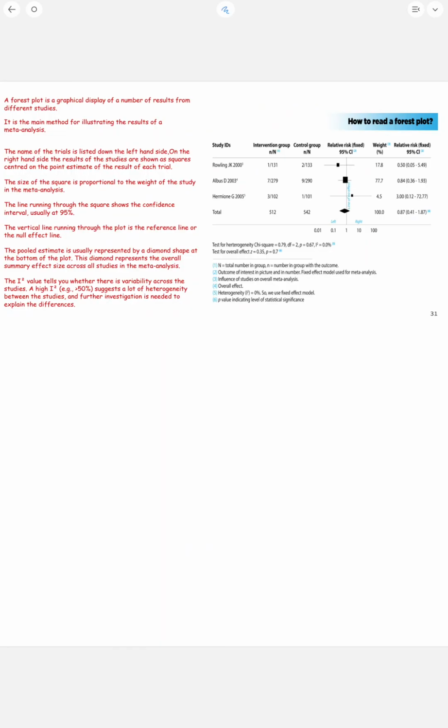Fine. This is essentially talking about what we just said. So forest plot, graphical display, a number of results from different studies, main method of illustrating results from a meta-analysis, we've talked about that. And then on the left side here is where you have all your studies. And then this one is looking at relative risk. And then we've talked about the size of this, right?